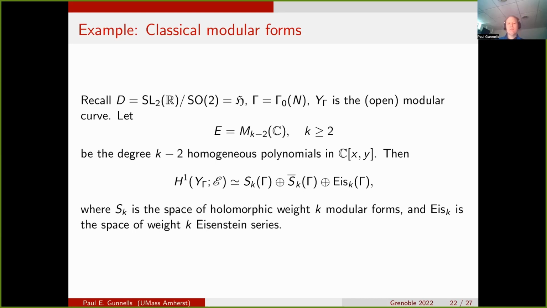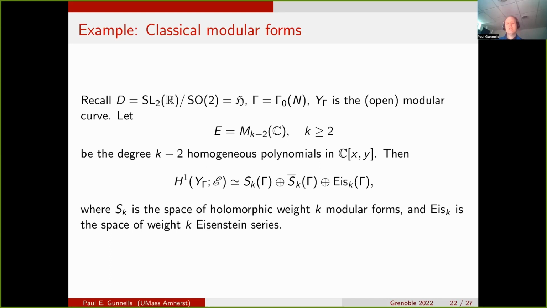Z gamma module. If you take the cohomology in this case, then what you find is that H^1 is isomorphic to the following. You have S_K of gamma, which is the holomorphic weight K modular forms on the group gamma, added together with the complex conjugates of those.